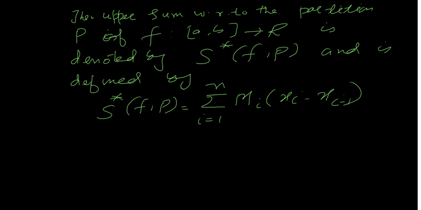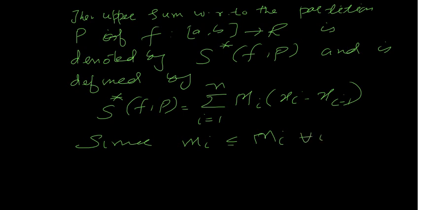Okay, that's the upper sum and the lower sum with respect to the partition P of the function f. Since small mi is always less than or equal to capital Mi, because small mi is the infimum of f of x over the ith subinterval, and capital Mi is the supremum of the function f of x over the same subinterval. So infimum is always less than or equal to supremum.